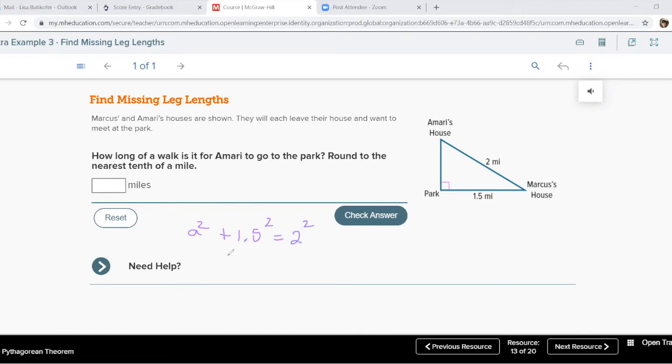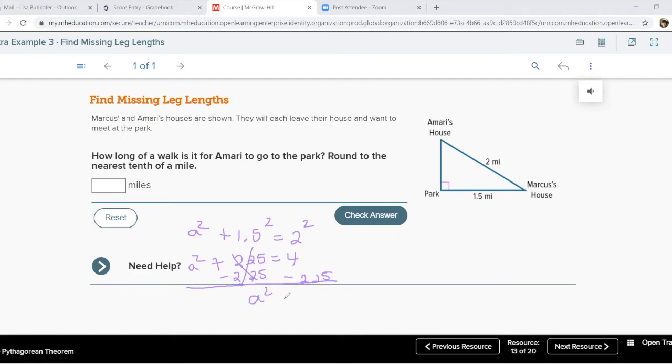Okay, so 1.5 squared is going to be 2.25. 2 squared is 4 plus a squared. Move our 2.25 over. That will cancel.